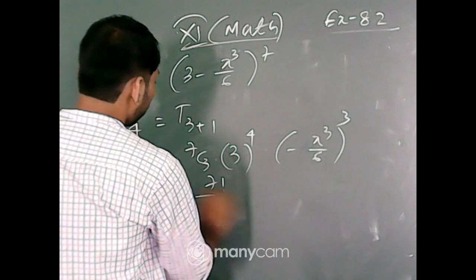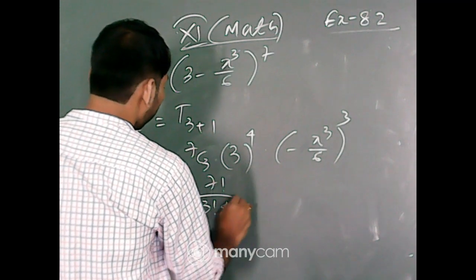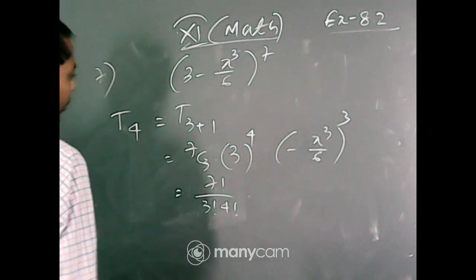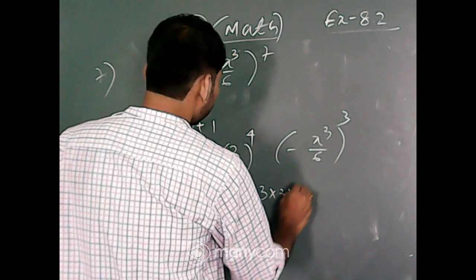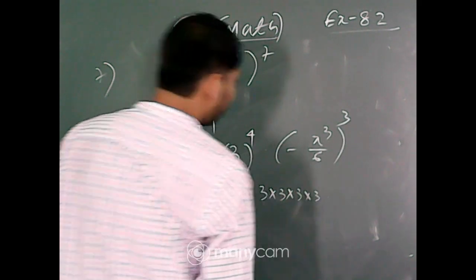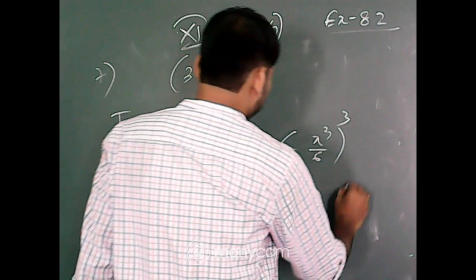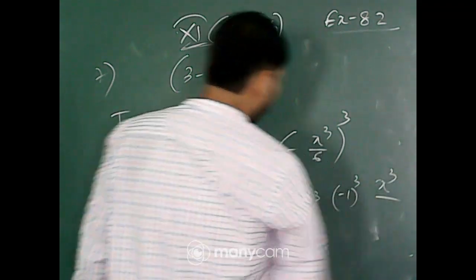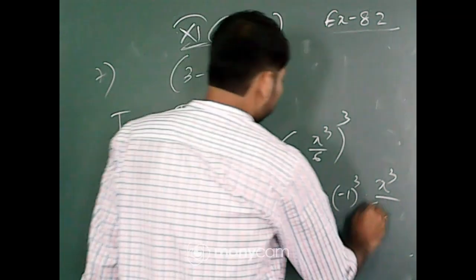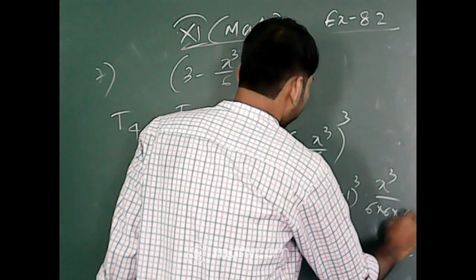7 factorial by 3 factorial into 4 factorial into 3 to the power 4. So 3 into 3 into 3 into 3 into minus 1 to the power 3 into (x cube) by 6 cube. So 6 into 6 into 6.